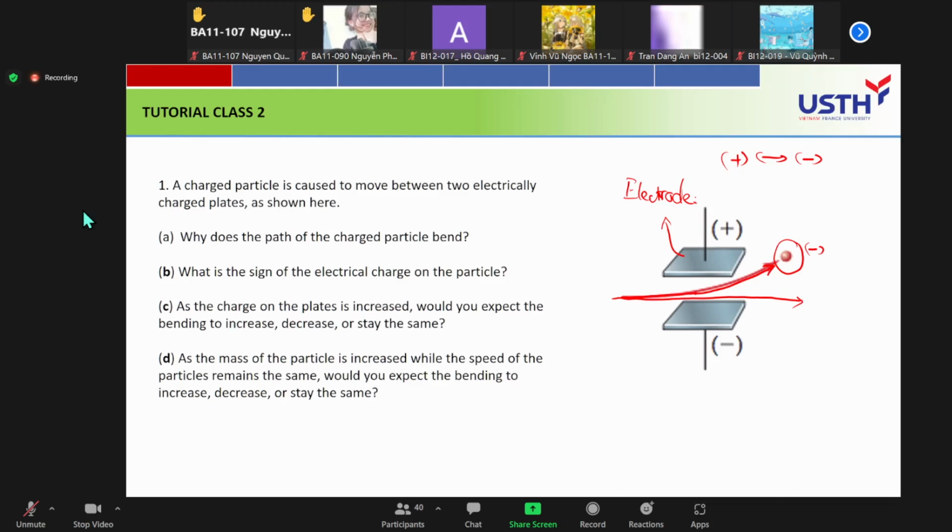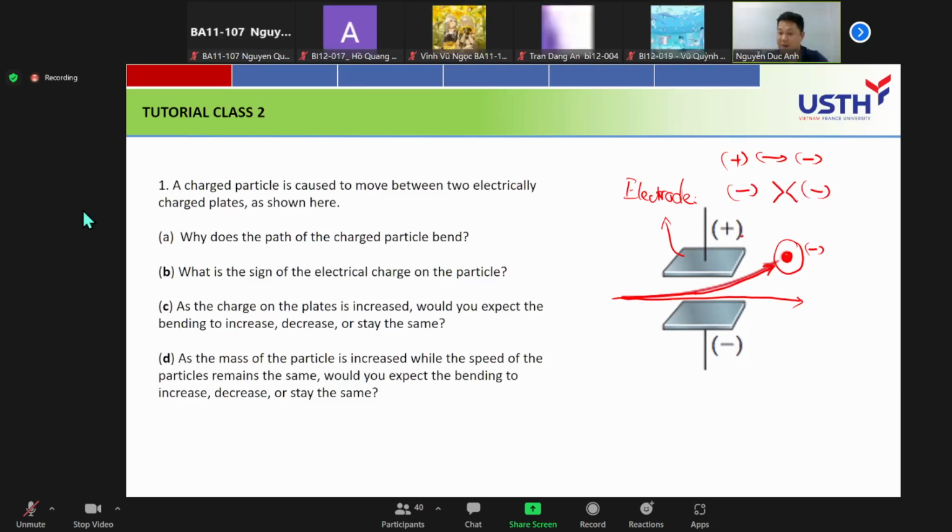So we can say that the particle contains a negative charge and it is attracted by the positive charge. On the other side, negative charge and negative charge don't like each other. We call this repulsion.